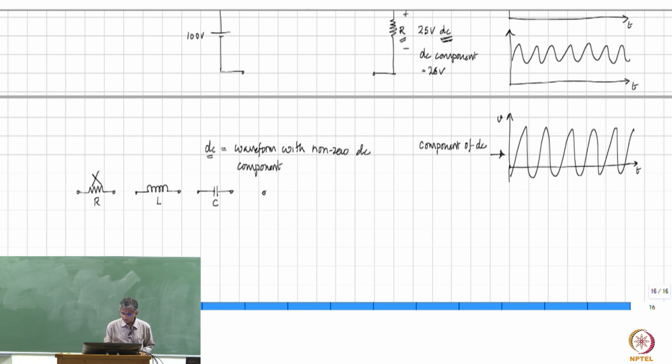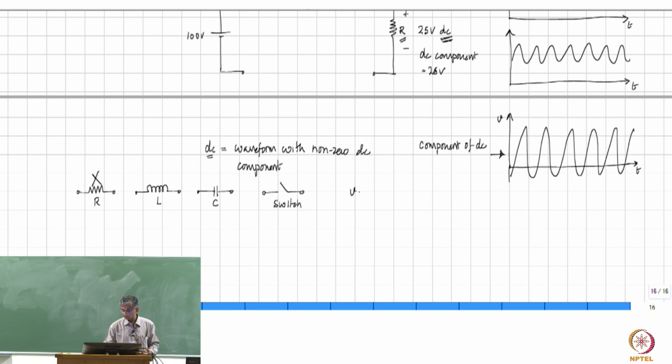Now one other element which is there is a switch, right? How do you decide the dissipation in a particular element? Voltage multiplied by flow of current.